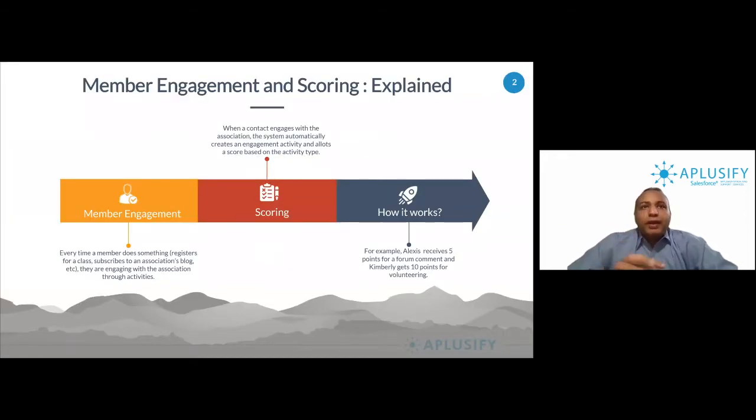So what is member engagement? As many of you are already doing member engagement, it is engaging the members to do something in your system, right?